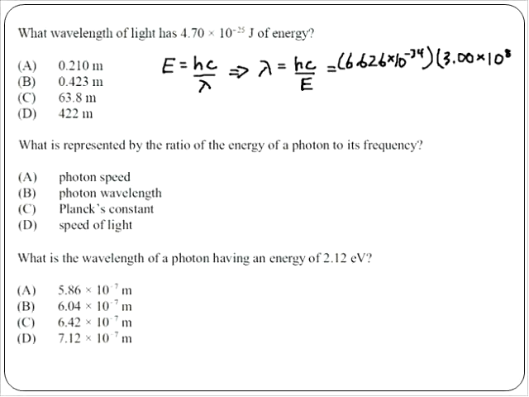Speed of light, or c, also straight off the formula sheet, all divided by the energy, which is given in the question, 4.70 times 10 to the power of negative 25. You do that and you get 0.423.